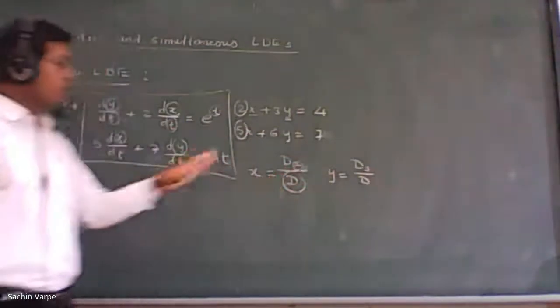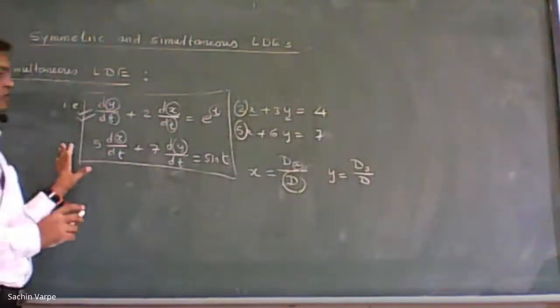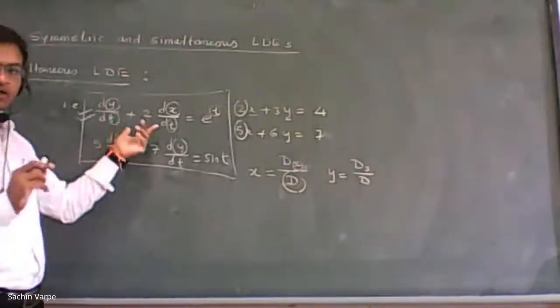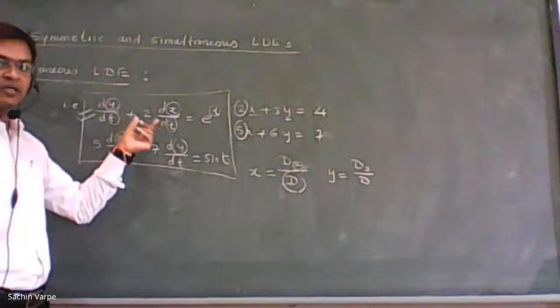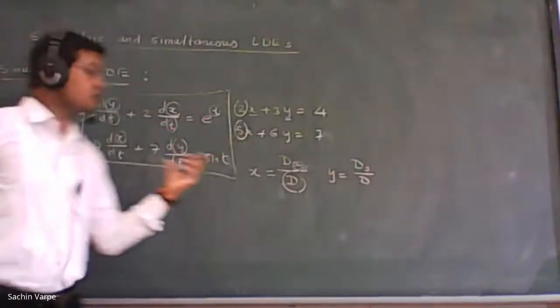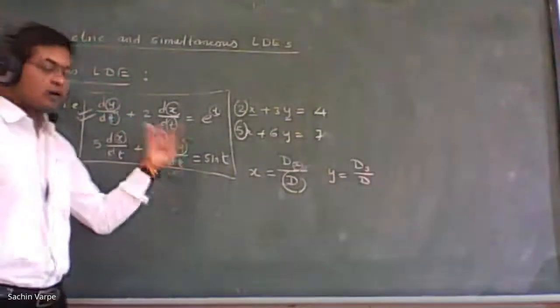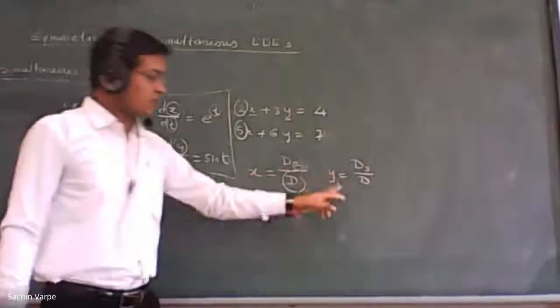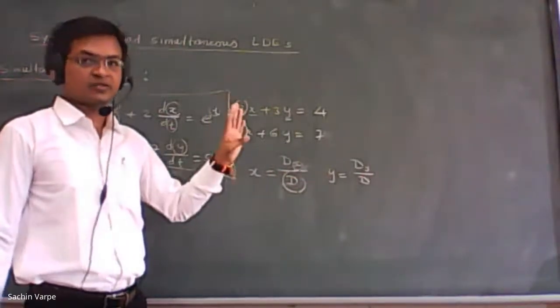Now why? As we know, the solutions of differential equations involve arbitrary constants in their complementary functions. So if I use Cramer's rule separately for x and y, then I'll get 4 arbitrary constants, isn't it?